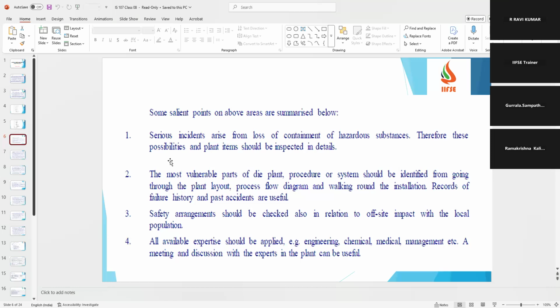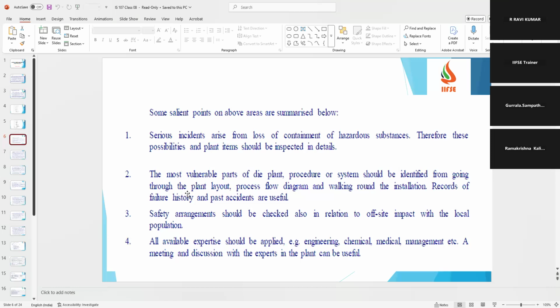We don't know what will happen. Sometimes, in case of any spillage in the night, they simply wash it out. They won't collect it. It will go to the gutters, then the gutters will go directly out of the organization. That is very important. Contamination issues have to be inspected in detail.